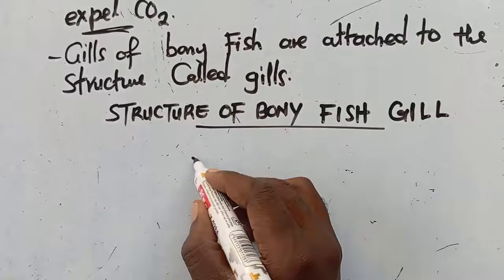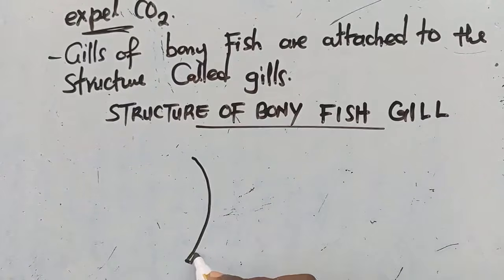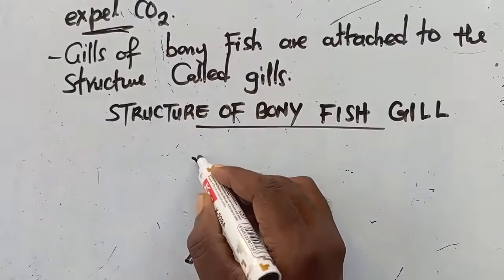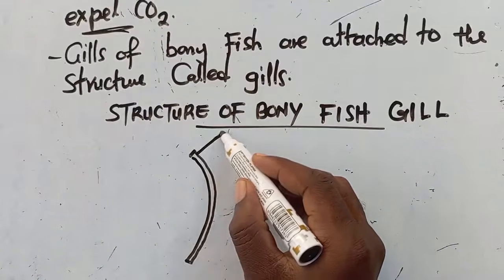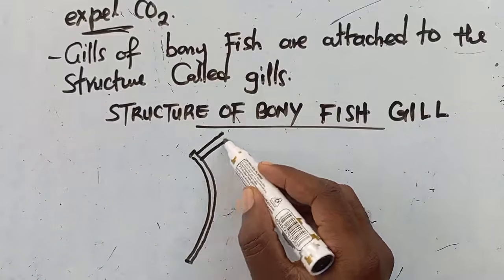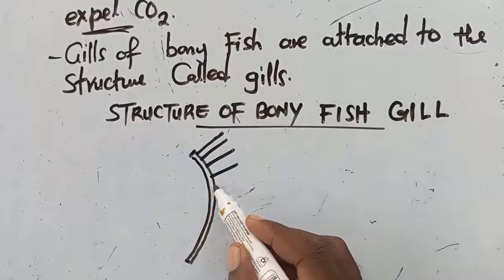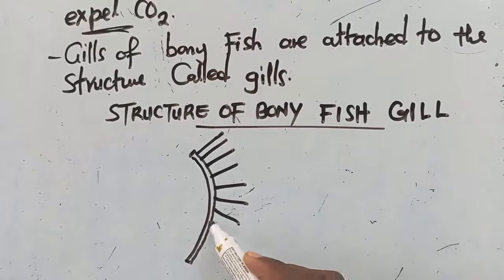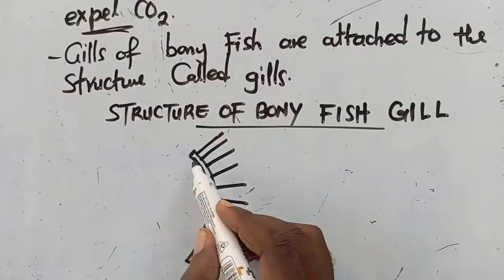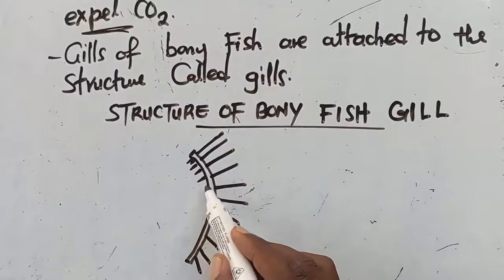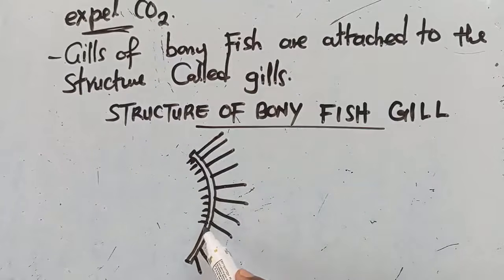It is like this, and then we've got these things that are in that form. So this is the bonefish gill. It has got these two things that are like that.